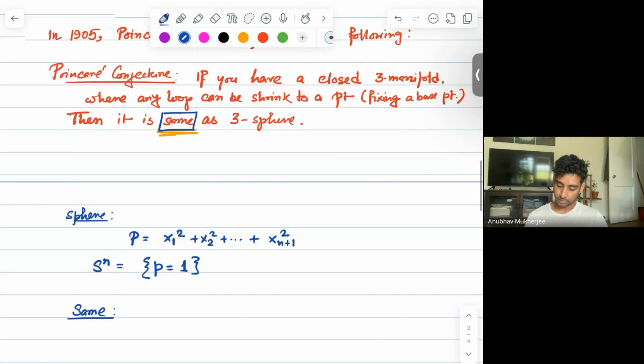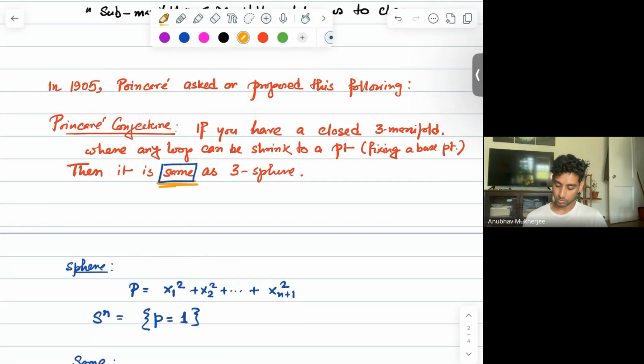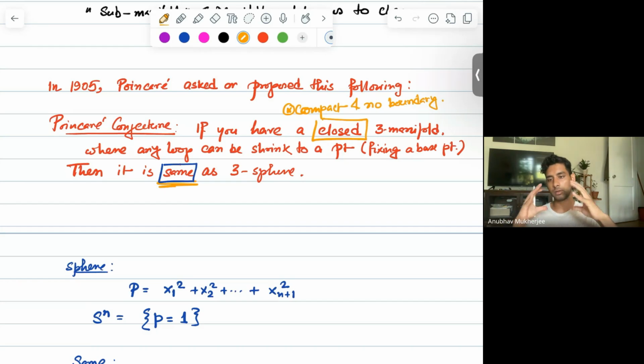One more thing I have to define is closed. I don't know whether you are all familiar with being closed, but closed means compact and no boundary. So a disk will not be considered a closed manifold because it has a boundary. Anything which is compact but has no boundary will be called closed.